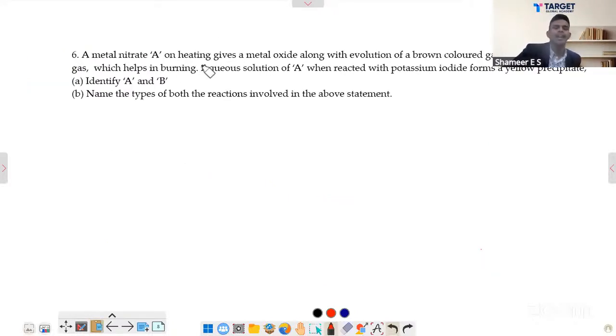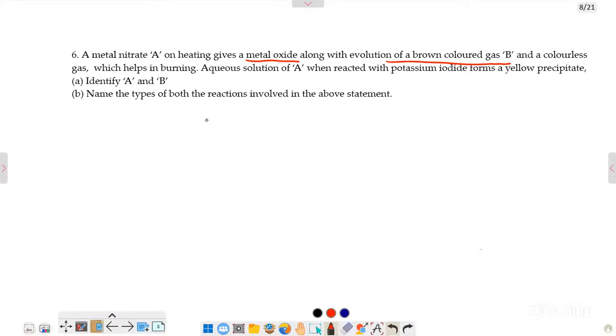A metal nitrate A on heating gives a metal oxide along with evolution of a brown colored gas B and a colorless gas which helps burning. An aqueous solution of A when treated with potassium iodide forms a yellow precipitate. Identify A and B. Can you answer this question? Very easy. Nurul Haq, have you tried to answer this? Which is the answer?